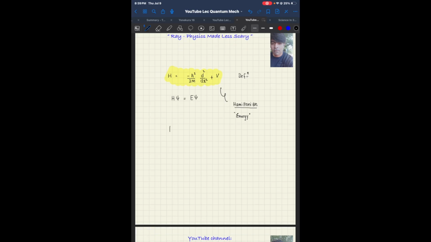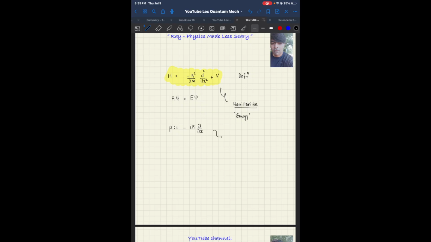If you go back to lecture 2 and 3, by the way, recall that we had found the momentum operator, which was minus i h cross d by dx.